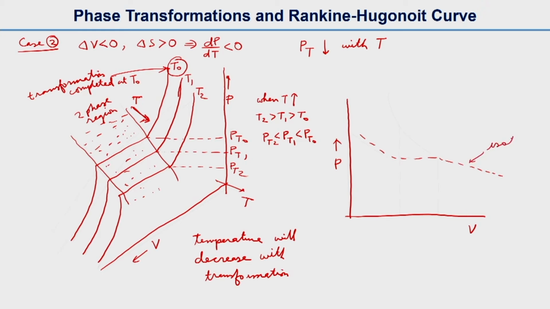This is our isotherm, and the Rankine-Hugoniot adiabat will look something like this. In this case there will be two discontinuities. One, and a second discontinuity is there.